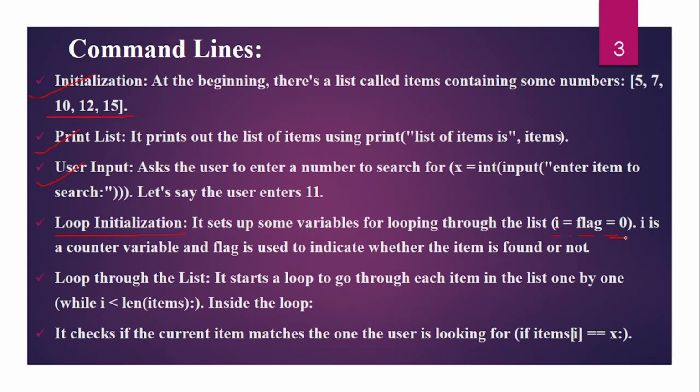I'll explain why I'm initializing both variables with 0, but for now you need to know that there are two variables, i and flag. Now i is known as a counter variable and flag is mainly used to indicate whether a particular item is found or not, which is our main agenda.